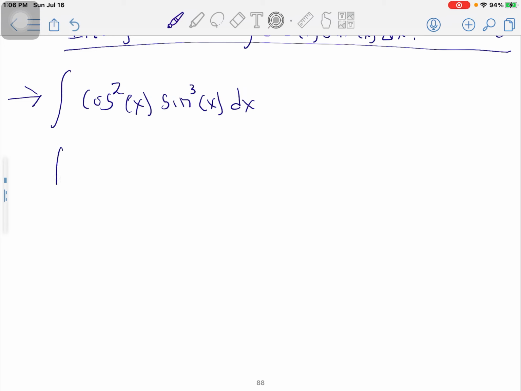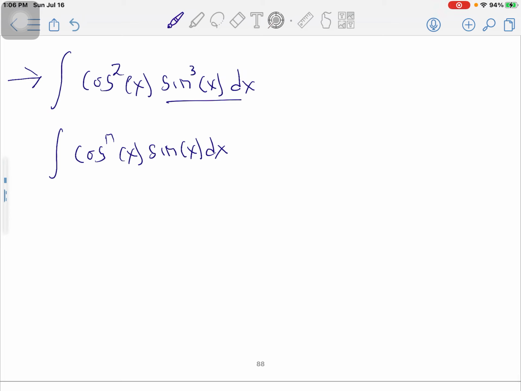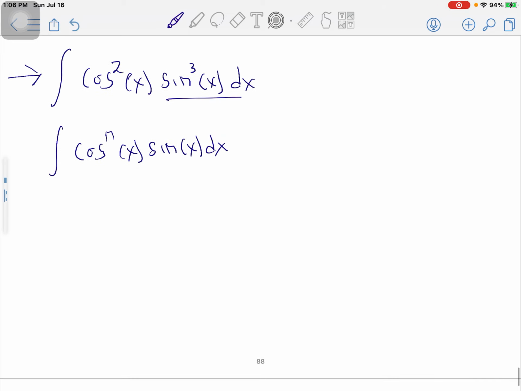For instance, to convert this integral to an integral of the form integral of cos power n of x sine x dx, we need to rewrite this sine function in a form that will allow us to write all the functions in one common term.